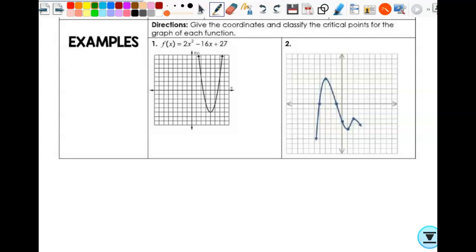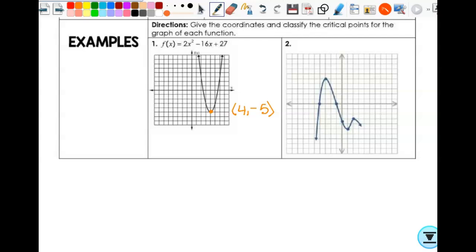All right, so let's look at number 1. This point right here. Okay, so that ordered pair, because it says give the coordinates and classify the critical points for the graph. So that's it. 1, 2, 3, 4. 1, 2, 3, 4, 5. So I think that's it. 4, -5. Okay. I would say it's pretty clearly a minimum.